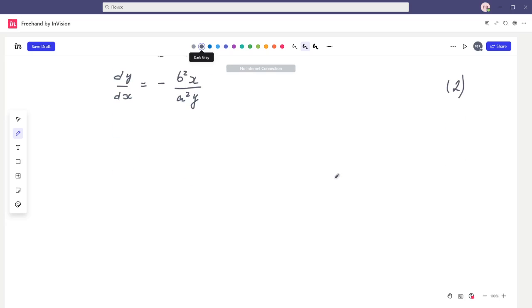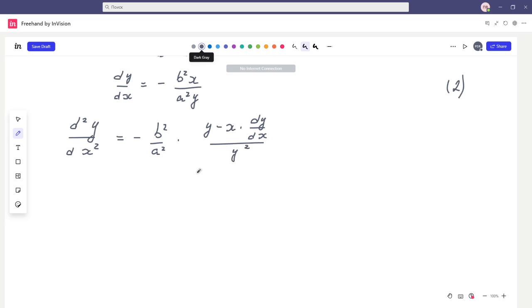Again, differentiate this equality with respect to x, having in view that y is a function of x, we have the second derivative of the function y of x is minus b squared over a squared times y minus x times dy over dx over y squared.